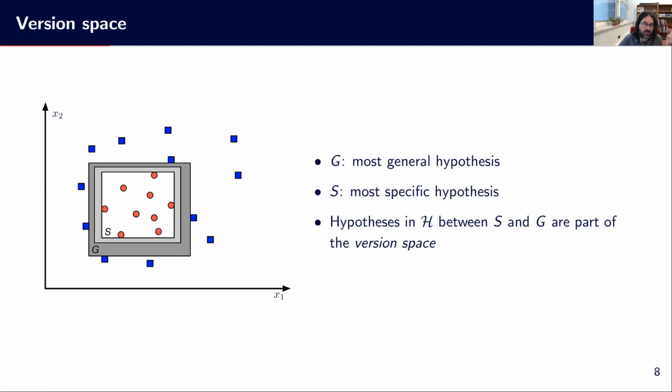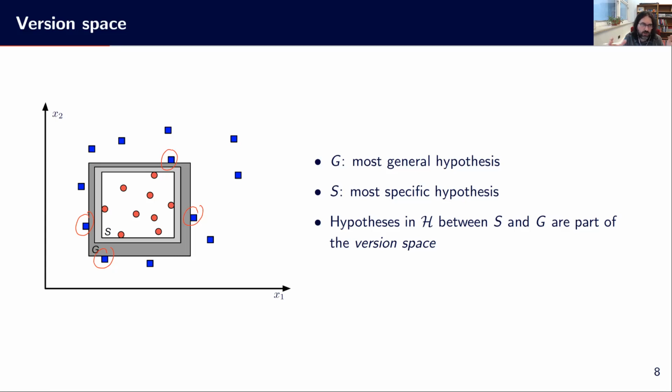And as such, we have what we call G, the most general hypothesis. This is the hypothesis that is the biggest one. If you see it, it is expanded to be really close to some blue samples, on the four sides of the box, really on some blue square samples.